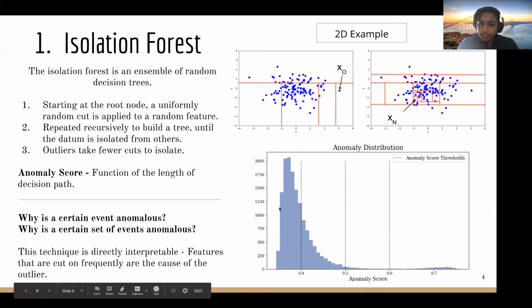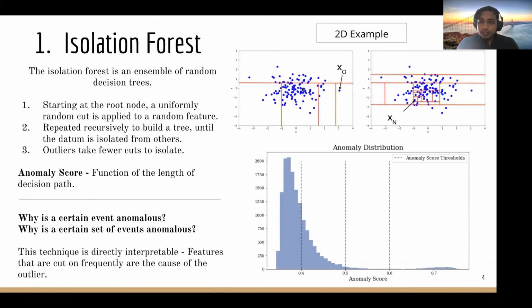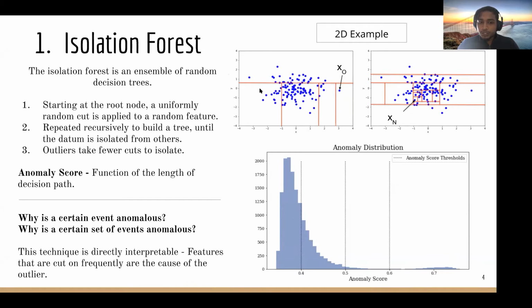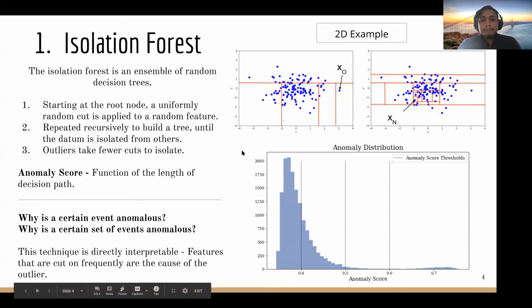You can see that there is a large number of events with a very low anomaly score, and these belong to the general populations. There are some outliers that are presumably far away from the general distributions. You can set the anomaly score threshold to be whatever you want it to be. If you want to keep very few anomalies, you can set it at a high value and so on.